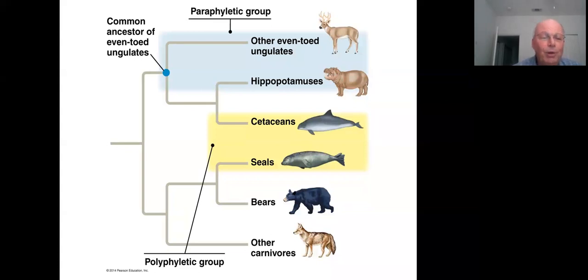But if you look at one of the bones in the ankle, specifically the bone that allows the ankle to flex, there is a very specific feature, and I believe we looked at this in a previous presentation, that is uniquely found in all the artiodactyls and in the cetaceans, and not found anywhere else, which indicates that cetaceans are derived from an ancestor that is in common with the artiodactyls.